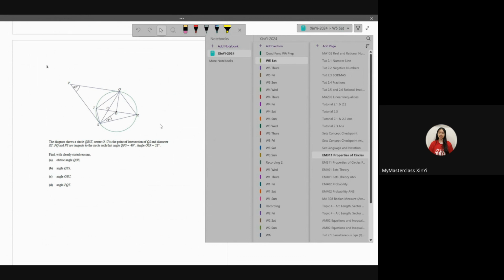Those are in the same segment. Yeah, the reason is angles in the same segment. Then the 90-degree one is the tangent from external point.